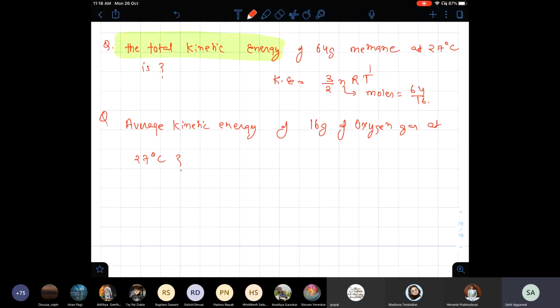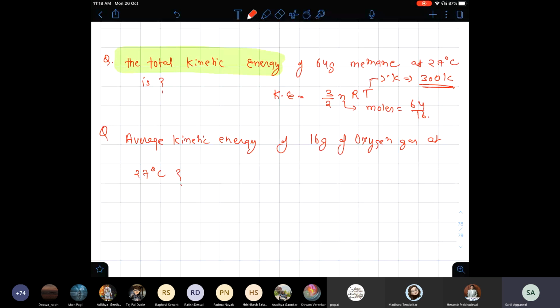T in Kelvin, Kelvin means 300. Very good, so this will be done with that. For the second one, what formula will you put? R is 25/3 joule per Kelvin per mole.